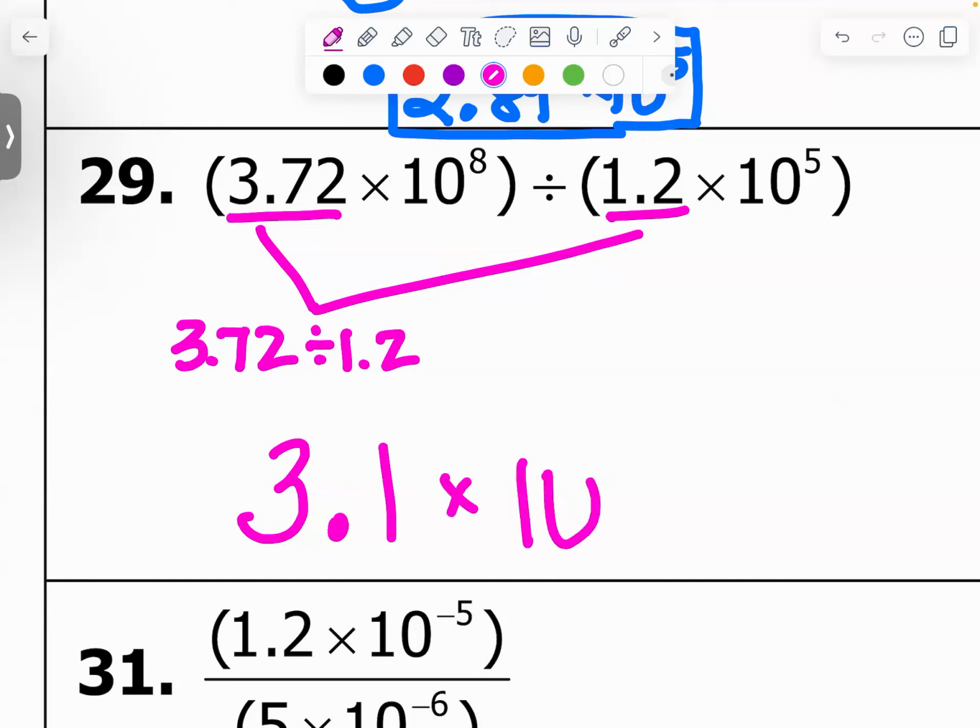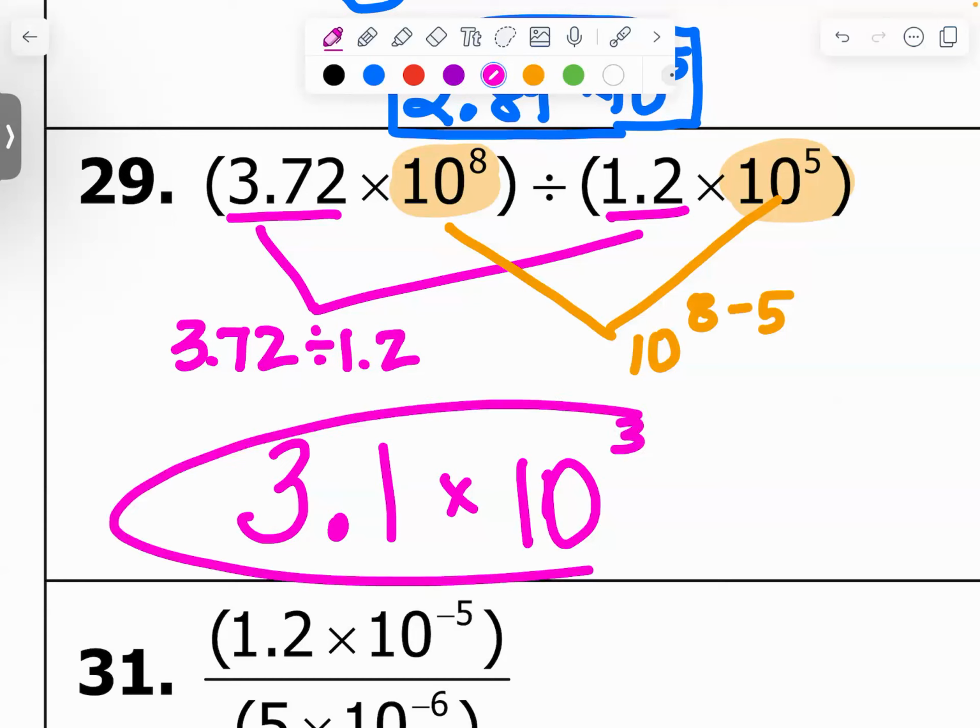Now, we are going to have 10 to a power. In order to figure out that 10 to a power, since we're dividing, what do we do with our exponents? Since we're dividing, we're going to subtract our exponents. Tony, what's 8 minus 5? 3. There's our answer.